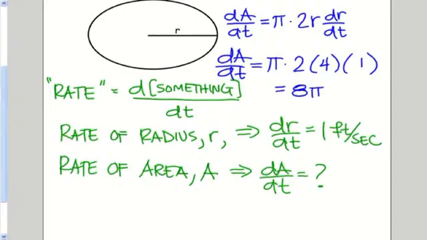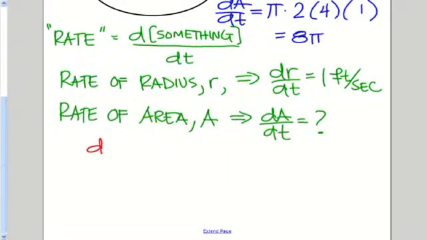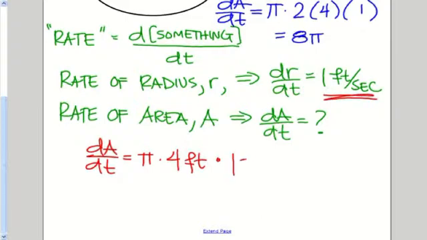Now before I put the units on there, let's think about these units for a second. I've got my dA/dt is pi times the radius, which is actually 4 feet, right? And then times the rate, dr/dt, which we have the units right here, is 1 foot per second. So if I multiply out these units, they come out to be square feet per second.